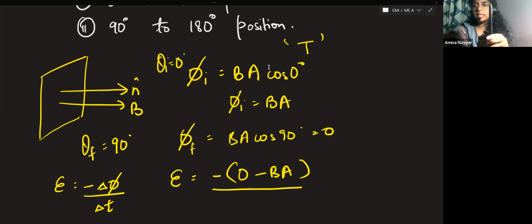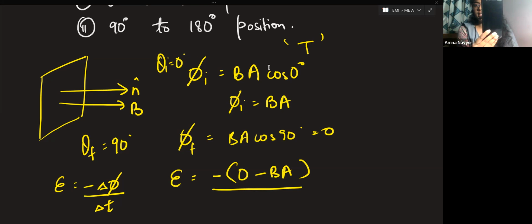See, this is the starting position. From here it went here, then here, then here. This rotation of the coil gave us the time period T. This was the 0 degree position. If you rotate it from 0 to 90 degree, see how much time has been swept by it.